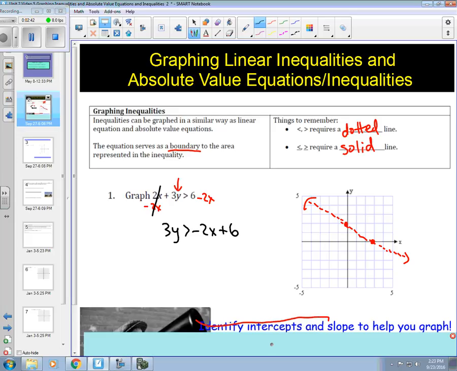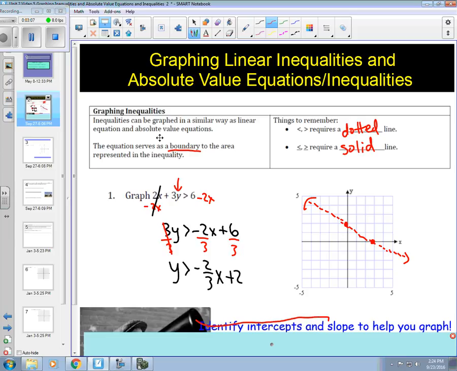Next we have to get rid of the 3, so divide everything by 3. That cancels, so we just have plain old y here. We're dividing by a positive, so we don't need to switch the sign. And since 3 doesn't go into 2, let's just leave that one as a fraction. That's going to be our slope, and then 6 divided by 3 is 2. So this should be the equation of that line, and it should give us the same thing.